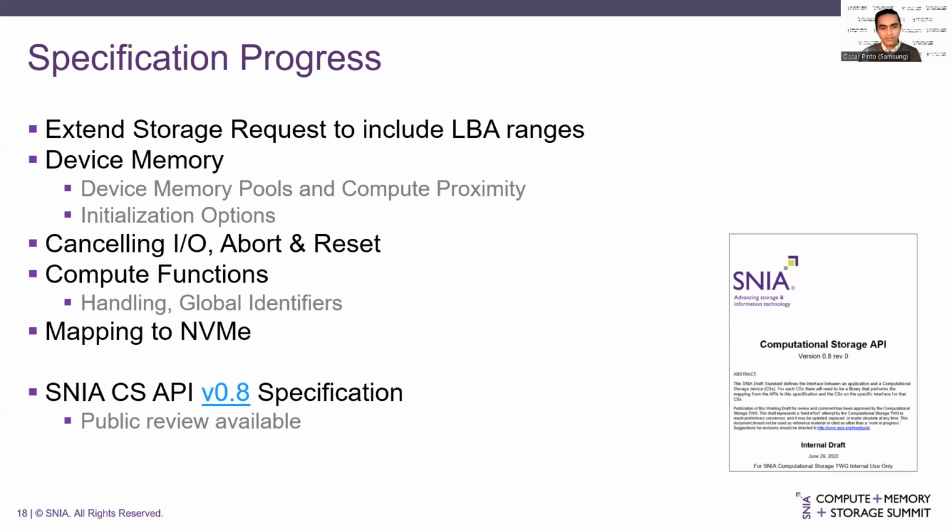We extended that further. We added something called global identifiers. This may be covered in other sessions, but basically a global identifier is a standardized way of identifying a function. Let's take that cat filter, or the data filter, that we had in the example. Let's say we want to use this data filter not only on vendor A, but also on vendor B and so forth.